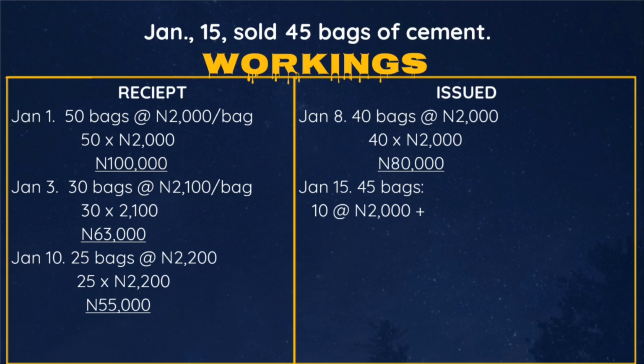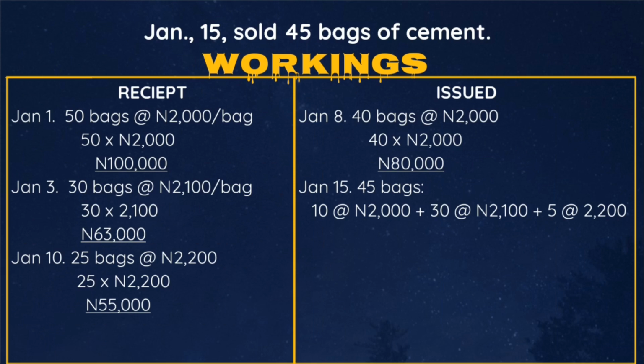So 30 bags of cement at 2,100 naira, plus. So 10 plus 30, that's 40, which means we still have 5 bags of cement left to be supplied, which means the remaining 5 will be taken from the inventory that was received on the 10th of January, which is 25 bags. So the 5 bags will be at the rate of 2,200. That is plus 5 bags at 2,200.